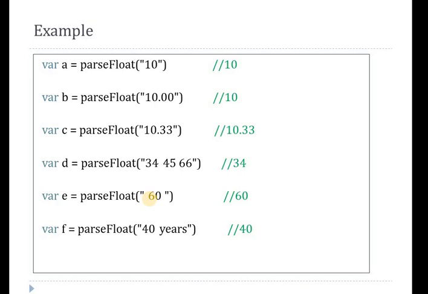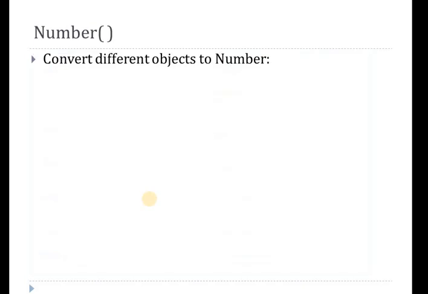After that, parseFloat 40 years, and it will return 40. Now you can see that in the last parseFloat call, there is not a number, it is a character, 'he was 14'. This first character itself cannot be converted to a number. That's why this function will return NaN, not a number.